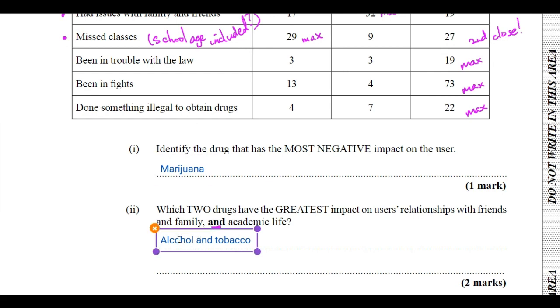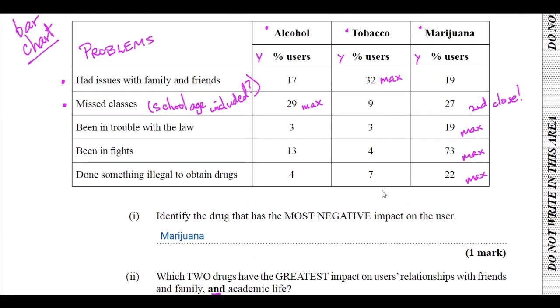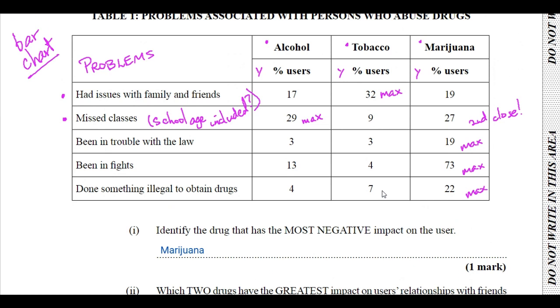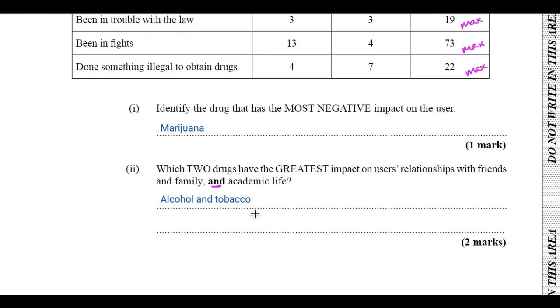As we can see here, alcohol and tobacco, because you're looking at the maxes for family and friends and missed classes. Tobacco and alcohol. So those are your answers there. 1 mark each.